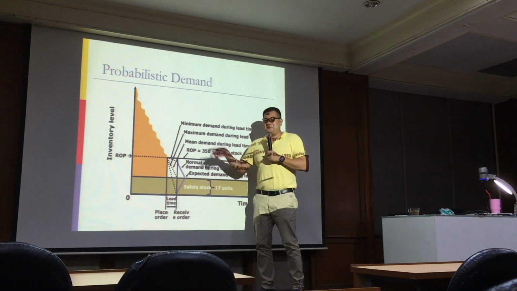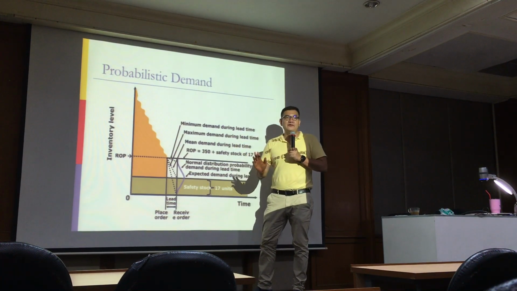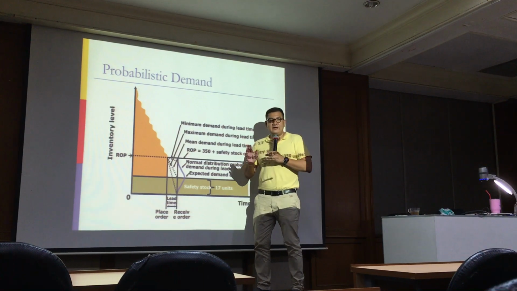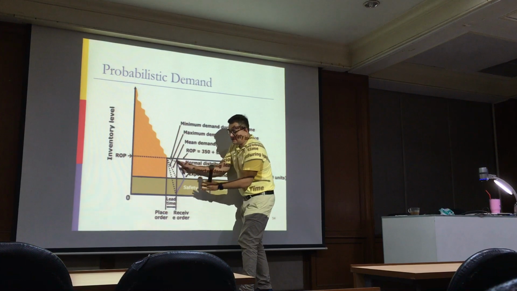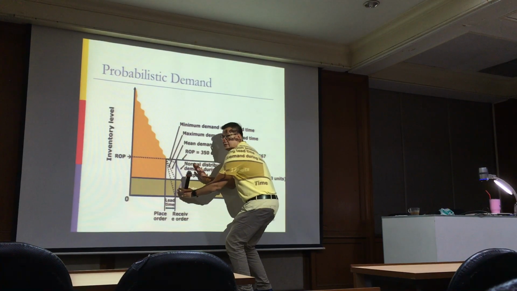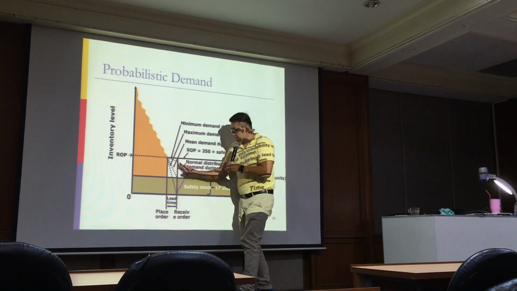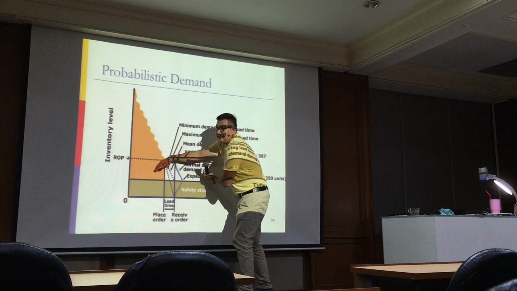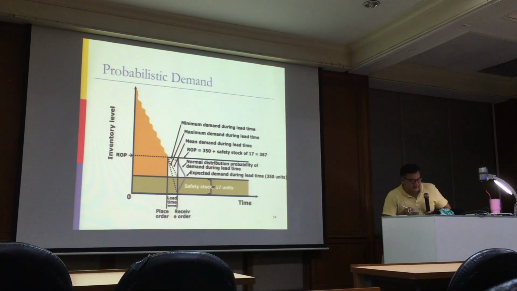The figure is not that good because it's not clear, so I'm going to draw a new one for you. But right now, I want you to consider this normal distribution graph and rotate it 90 degrees. So it's going to be like this.